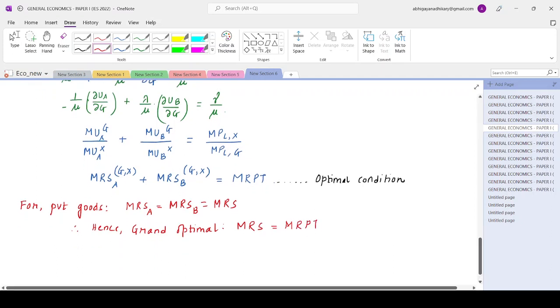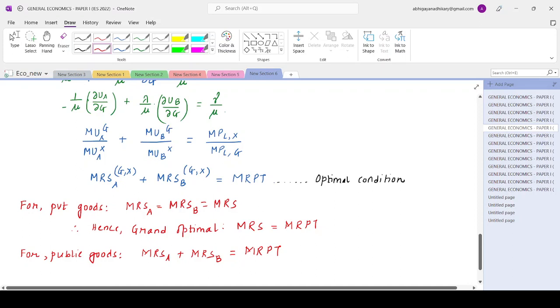But in the case of public goods, you have to aggregate all the MRS, that is, MRS of A plus MRS of B. That adds up to give you the MRPT. This is the optimal condition.